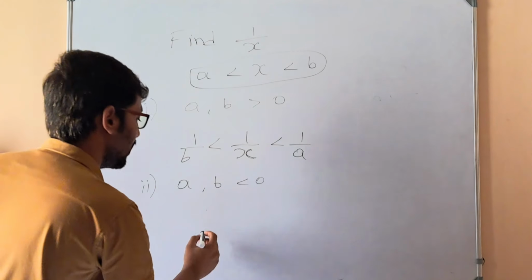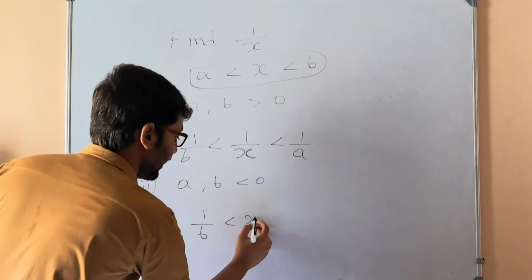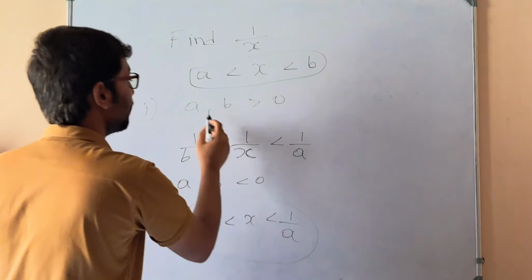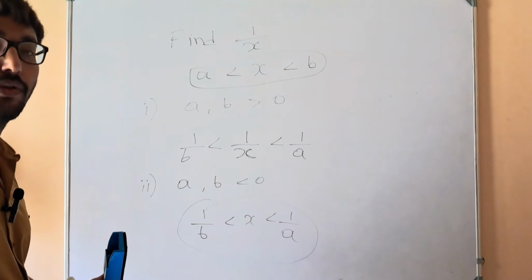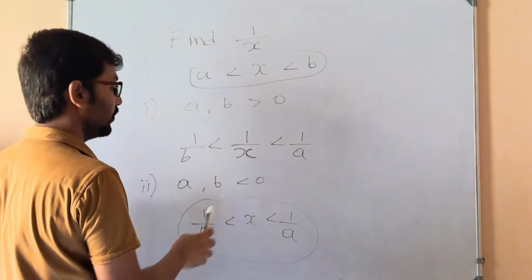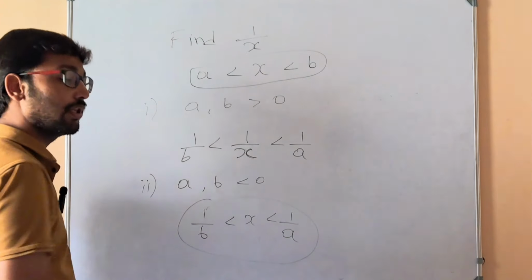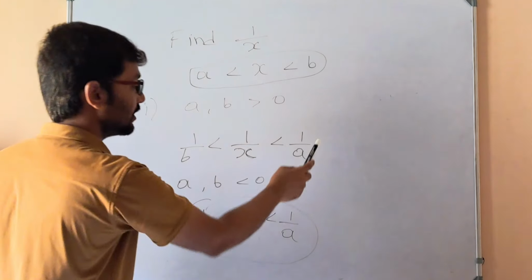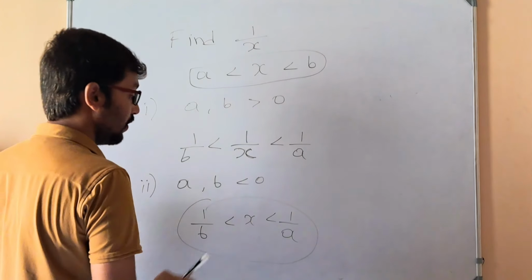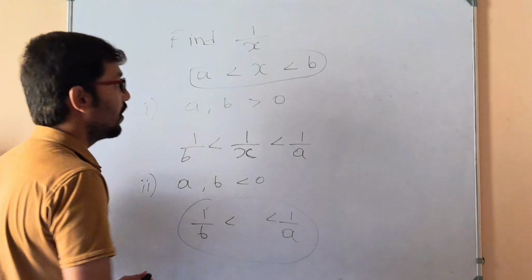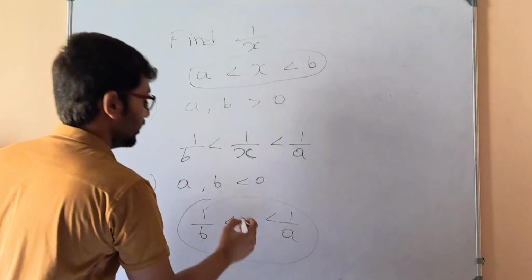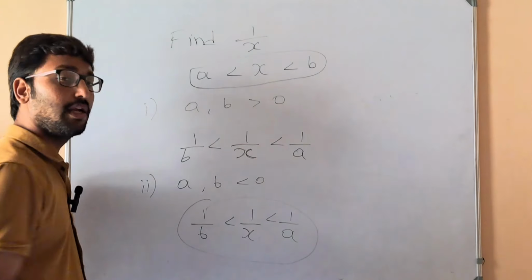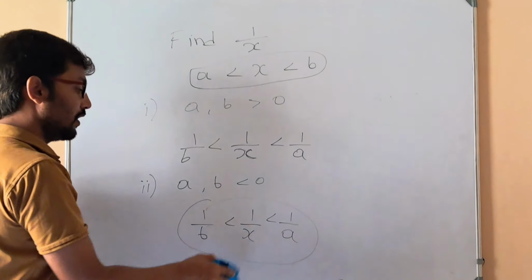Now if both are less than 0, again it will be 1 by b less than 1 by x less than 1 by a. If both values have the same sign, whether a and b are both positive or both negative, the result is the same: 1 by b less than 1 by x less than 1 by a. These are the values of 1 by x.